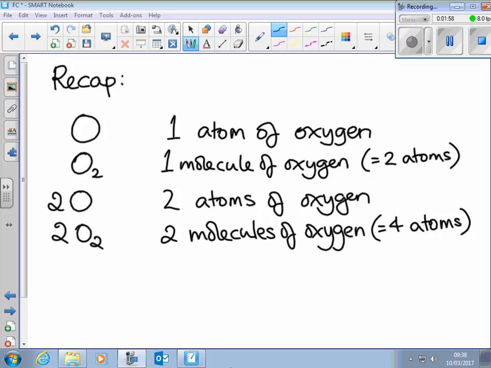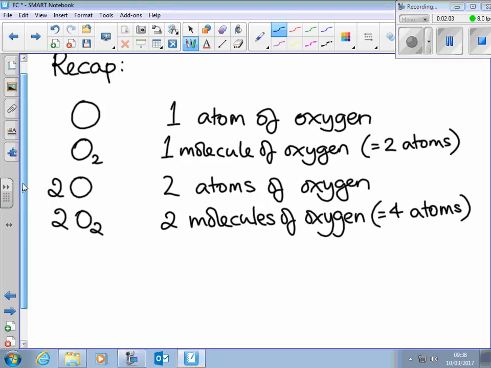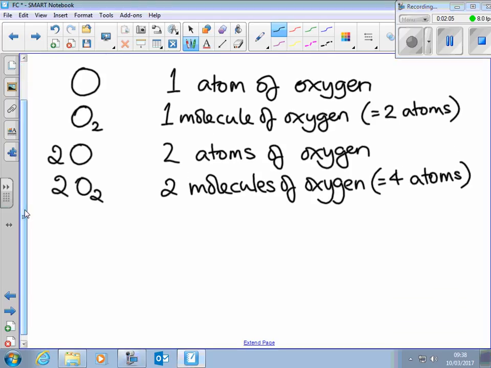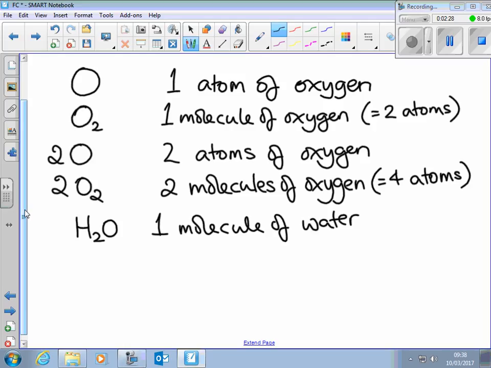Now, a formula is a fixed thing. So when you're balancing equations, you can't change a formula, but you can multiply the number of the formula that you've got. The formula represents a whole entity, if you like, a unit of that substance. So, for example, H2O is one molecule of water, and you can multiply that up as much as you like.